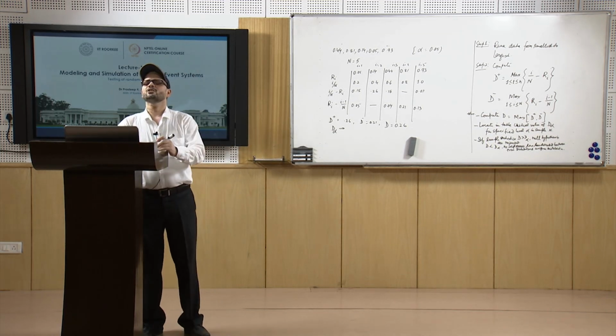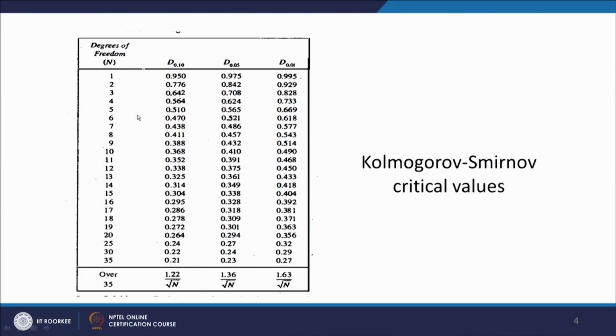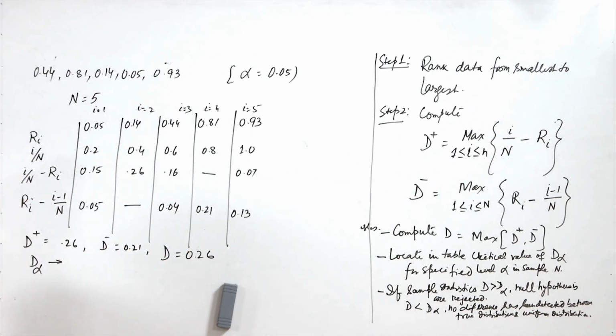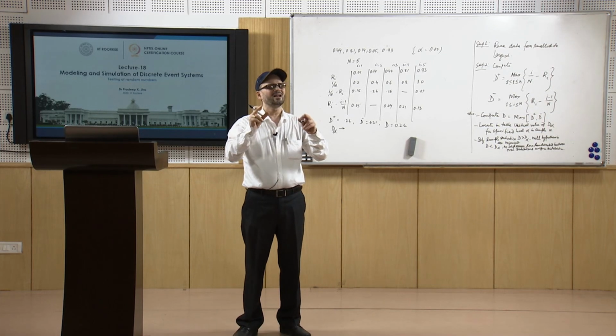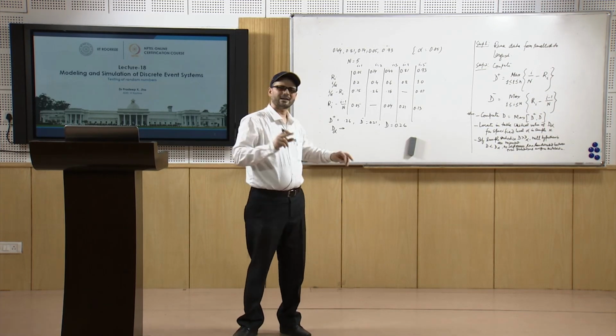In this case the D alpha value will be taken against 5, you see D alpha is 0.05. So, that is 0.565. Now, this is 0.565 and D is 0.26. So, this 0.26 is less than 0.565, that is D alpha.